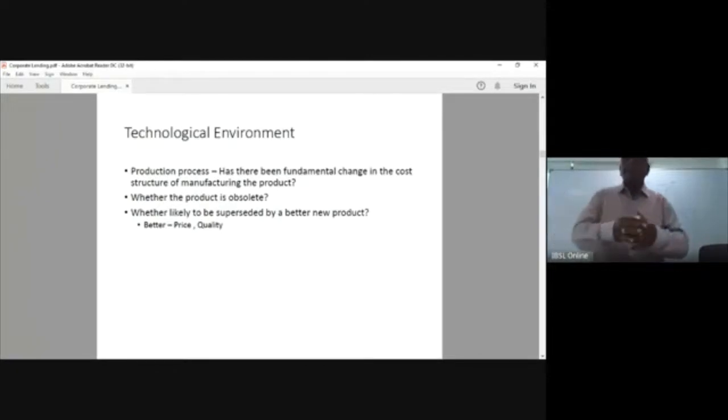Now, a good example, a very simple example I always give, is paddy milling. Earlier, paddy mills were using hullers, to remove the outer husk. They were using huller iron rollers.